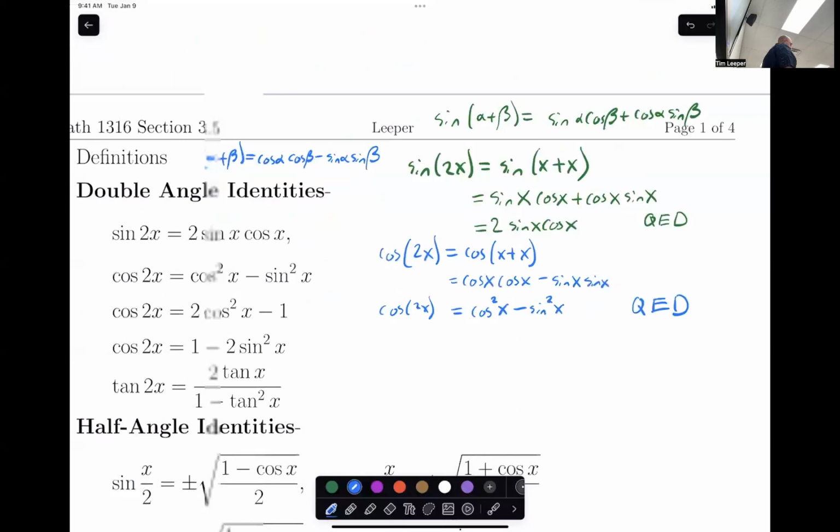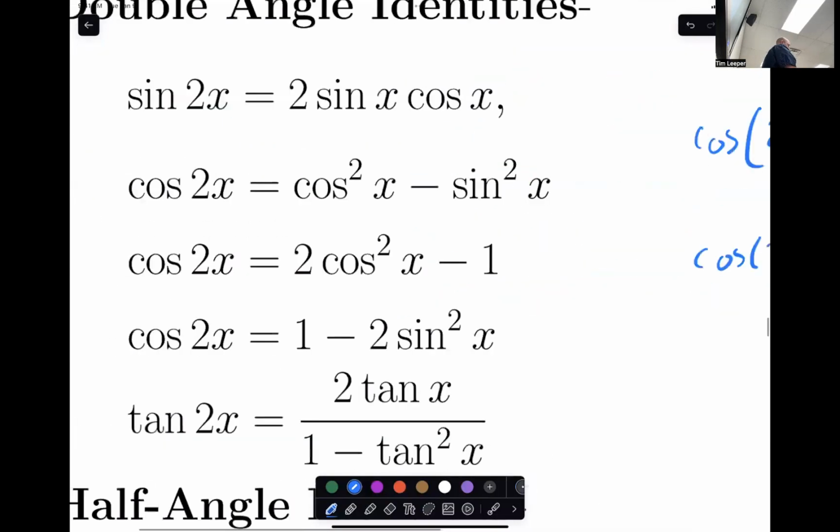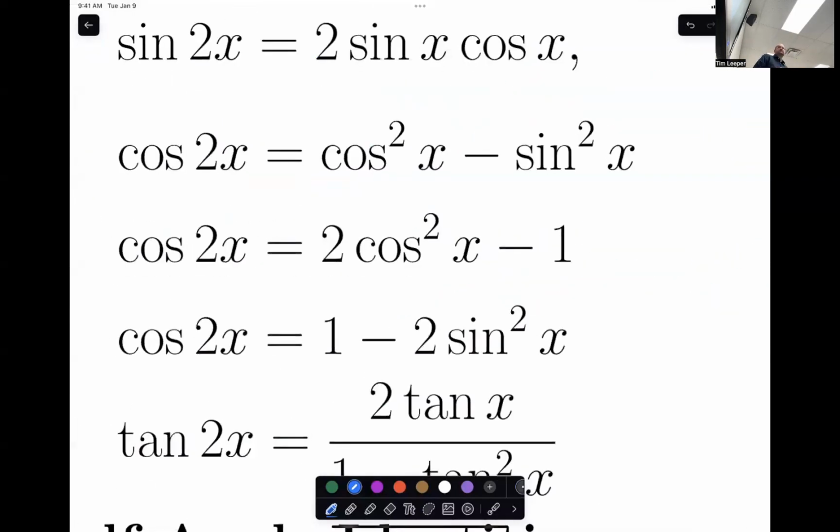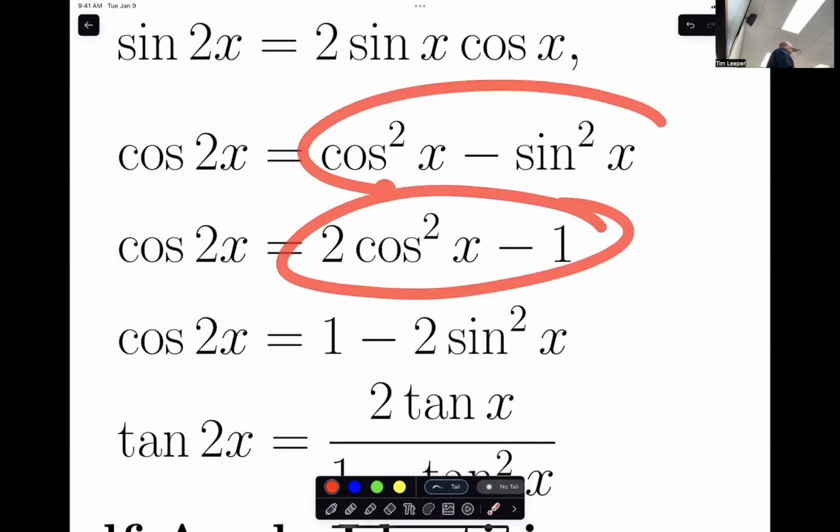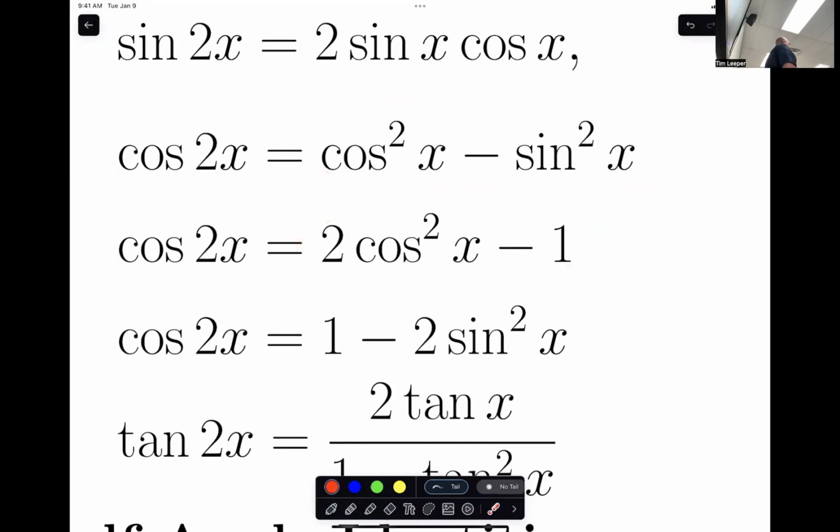So we just proved the double angle identity for cosine, but notice there's more than one. This is just the one that we got immediately, the cosine squared minus sine squared. There are actually 3 different double angle identities for cosine. To get these other 2, we're going to use this one and then use the fundamental identity of trigonometry.